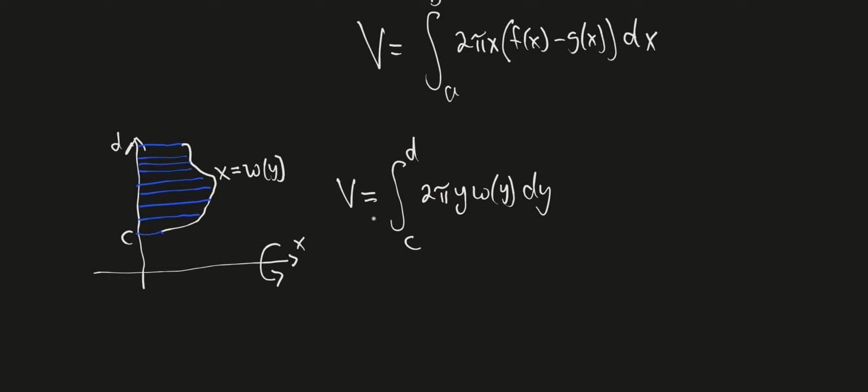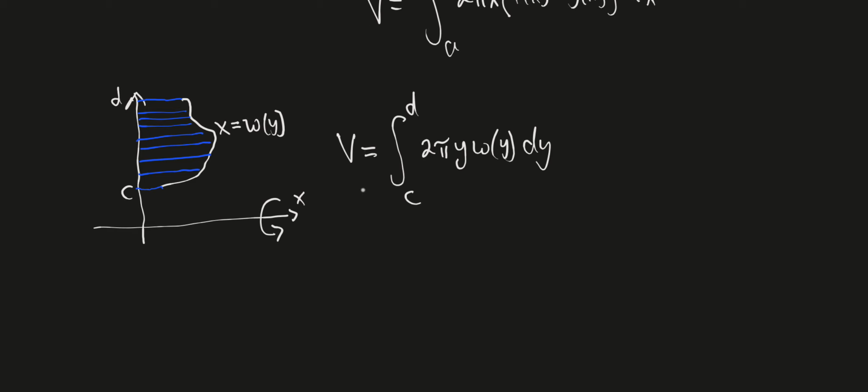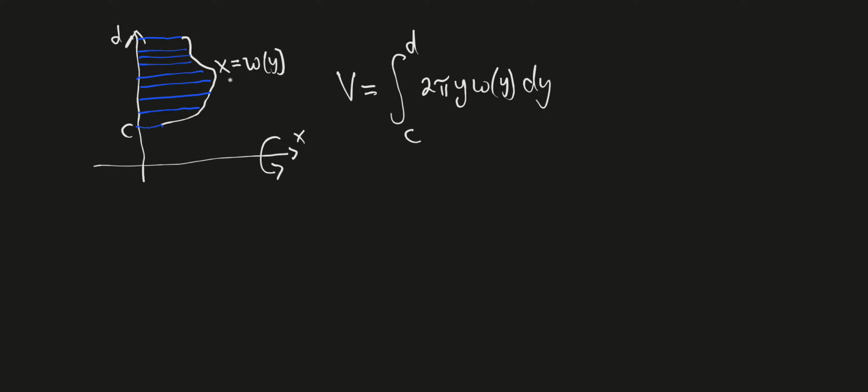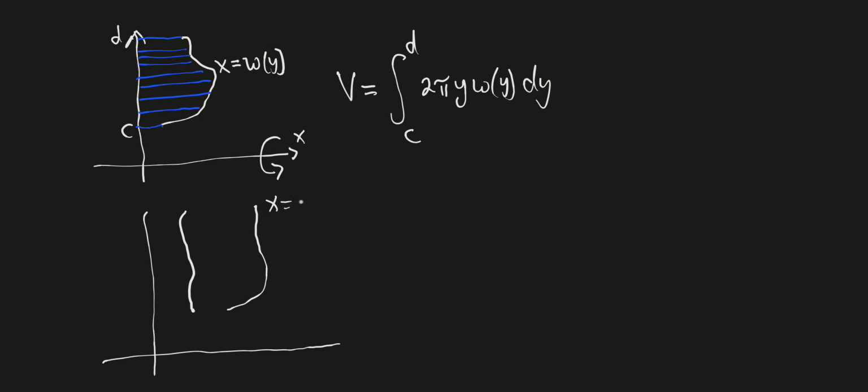And then lastly, the very last variation is, what if you have two functions in terms of y and then the region is stuck between them and you have the limits on the y, but again you're revolving around the x-axis. So finally, if you have something like this, let's say we have a curve like that, so let's call this one x equals w of y, and let's call this x equals v of y.